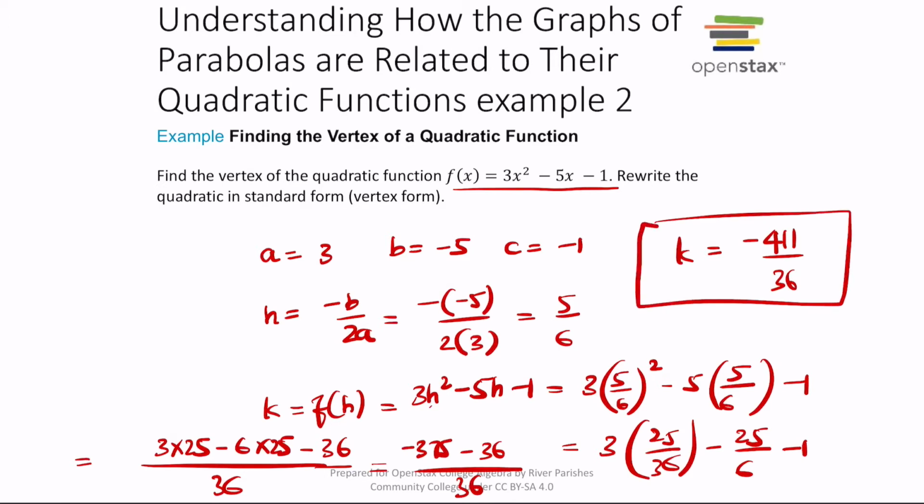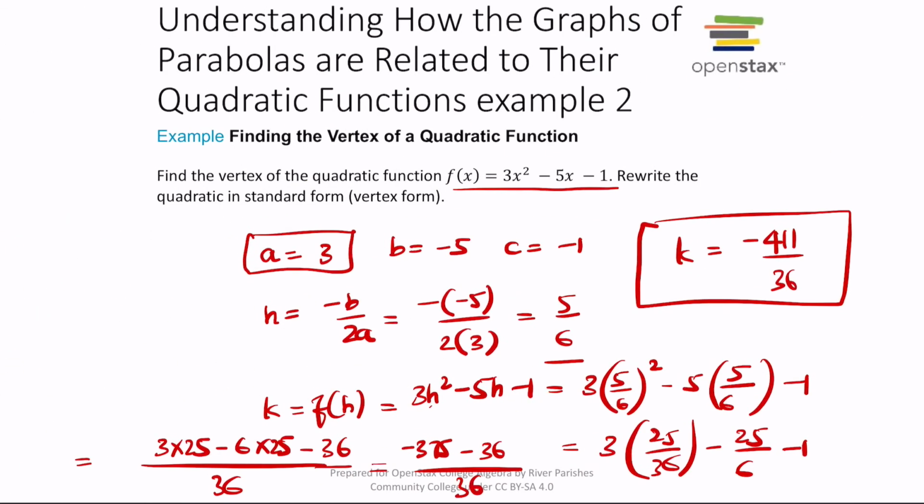So you have the k value and you have the h value now. So use the principles now. You have the h value, which is 5 by 6, and you have the k value, and you have the a value already. So write down its standard form. The formula is f of x equals a times (x minus h) square plus k. So a here, the value is 3.